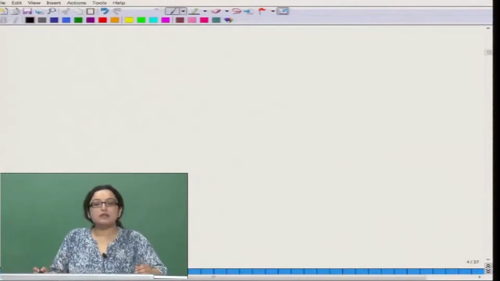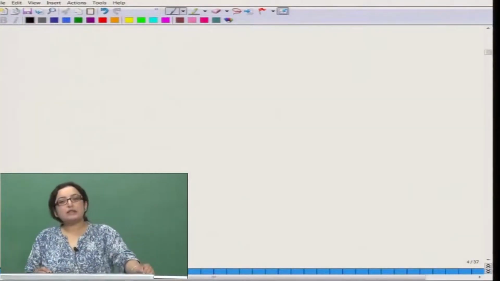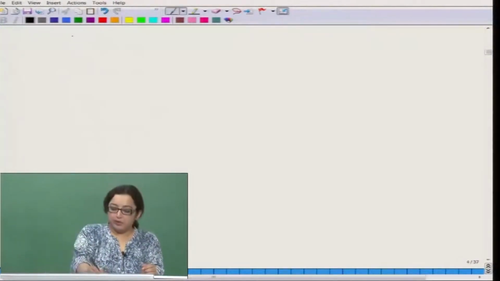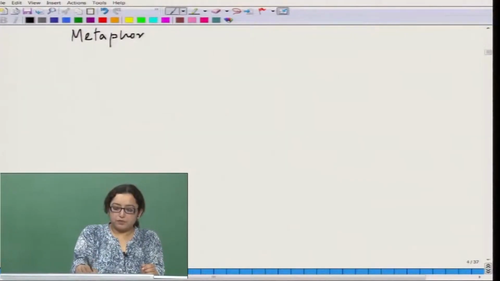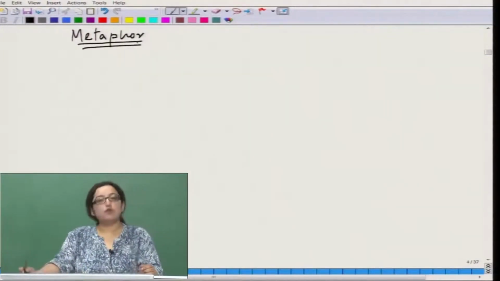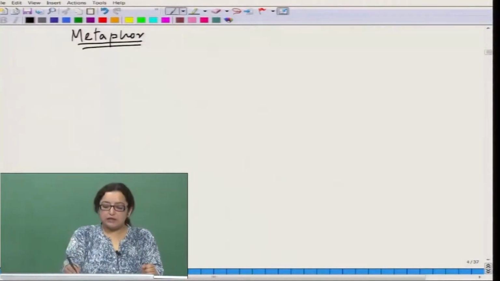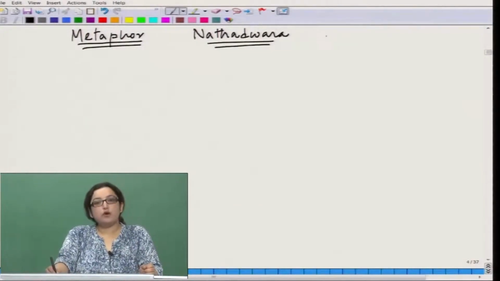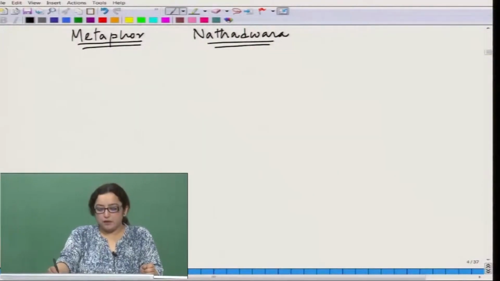We will see a similar example that is present in Indian art, and that is also connected to a metaphor. Indian art is full of metaphor. So, if we take a traditional painting from Nathadwara, this is a temple, it is from a temple tradition of Nathadwara.